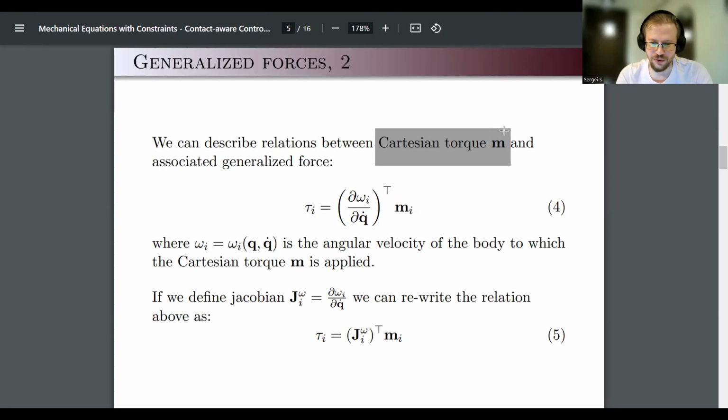I would suggest you keep this convention in mind. This is a very common convention in robotics. Bold Latin letters indicate vectors if they're small letters. Capital letters indicate matrices. So it's a very common convention, very useful.